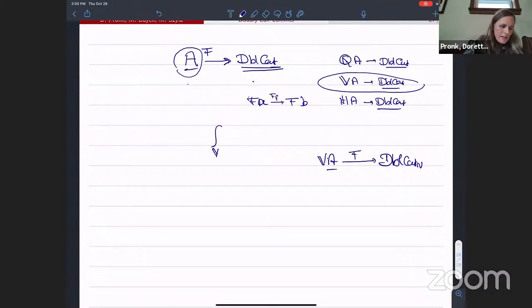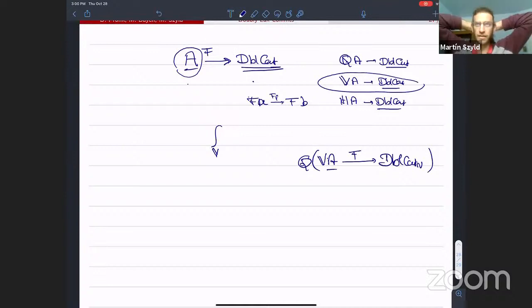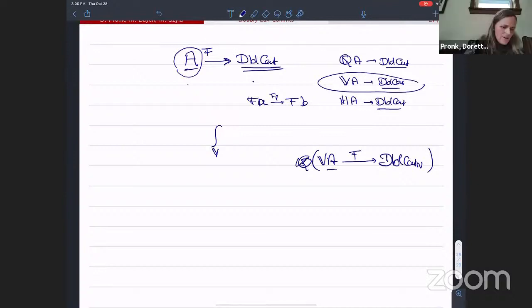And then you need to take the Q of that, to end up in Q DoubleCat V. Wait, I'm not sure. No, sorry, we don't need the V. This was without the V. So this already needs to land.